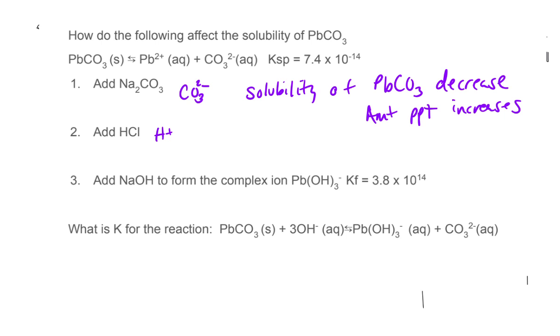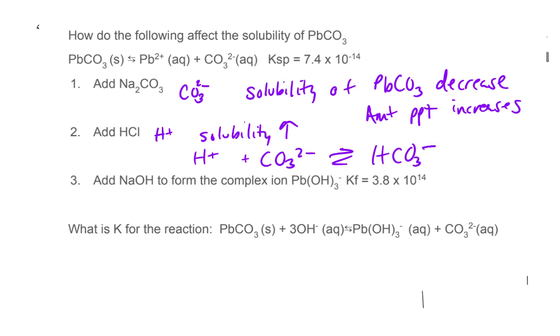I will do that. So if we add H+ to this solution of lead carbonate, what do we know? What do we think could happen? Solubility increase or decrease? So solubility will increase because that H+ can react with CO3 2-, which is the conjugate base of HCO3-.